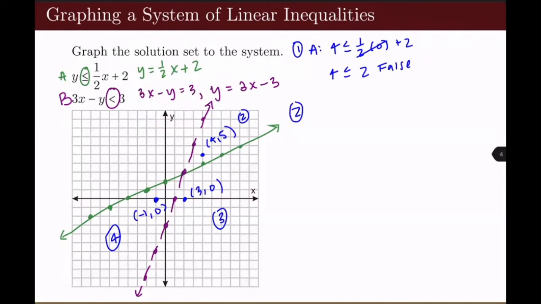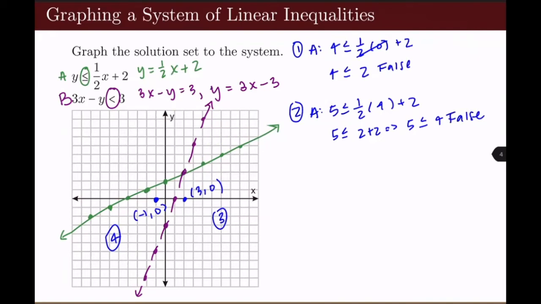So again, starting with inequality A, we get 5 is less than or equal to 1/2 times 4 plus 2, which means 5 is less than or equal to 2 plus 2, which means 5 is less than or equal to 4. Again, this is false. So our solution does not lie in quadrant 2.